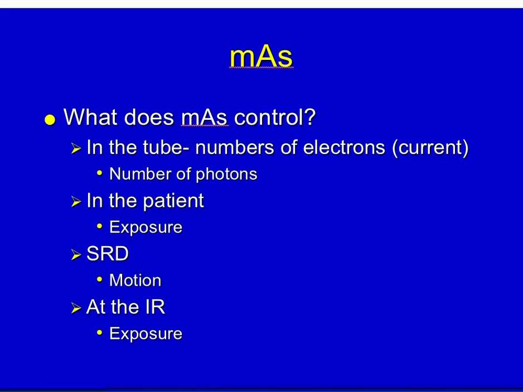And then at the image receptor, we've got exposure to the image receptor. Mass is what we want to use to control exposure to the image receptor. So if we've got adequate density and your index number shows that you've underexposed the image, then what you need to do for your repeat is increase your mass.